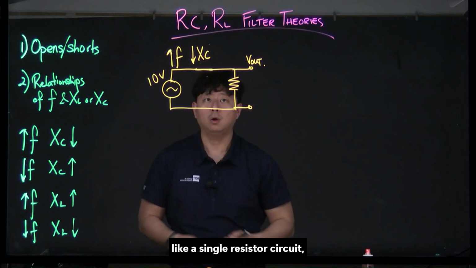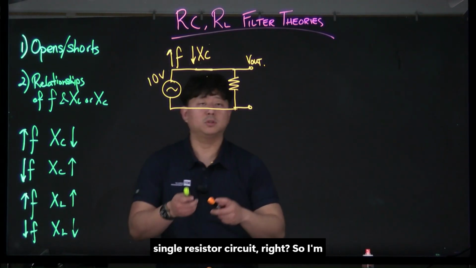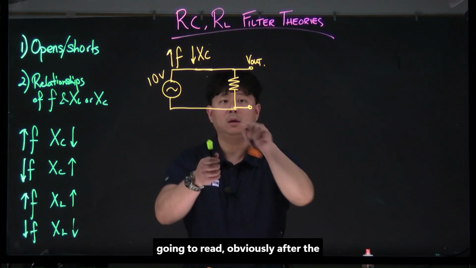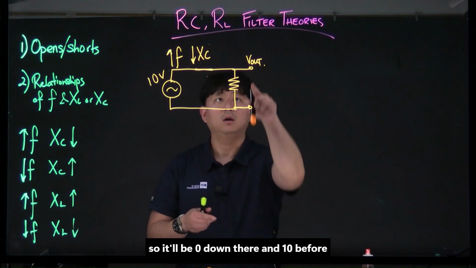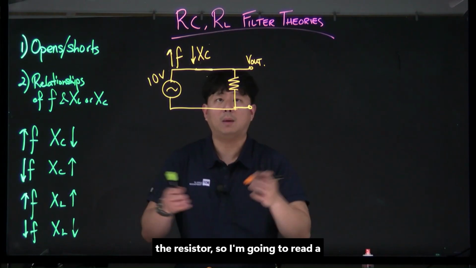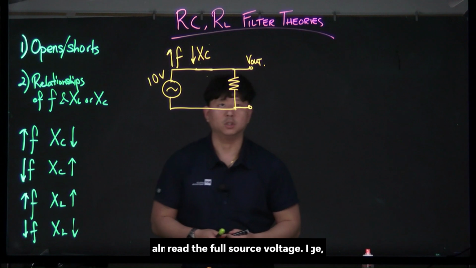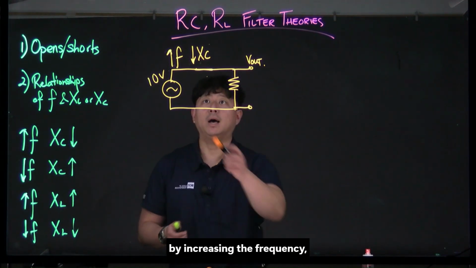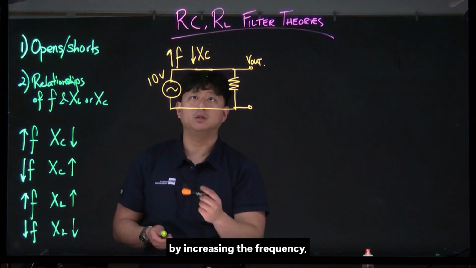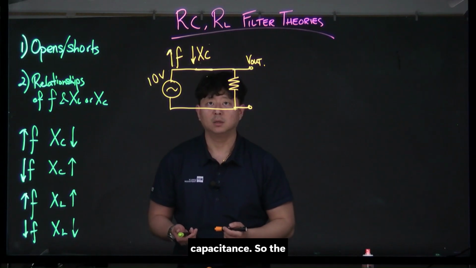This looks like a single resistor circuit, right? Obviously after the resistor, I have to drop all the voltage, so it'll be 0 down there and 10 before the resistor. So I'm going to read a maximum voltage up here. I'm going to almost read the full source voltage. I achieved max voltage output by increasing the frequency, therefore lowering my capacitive reactance.